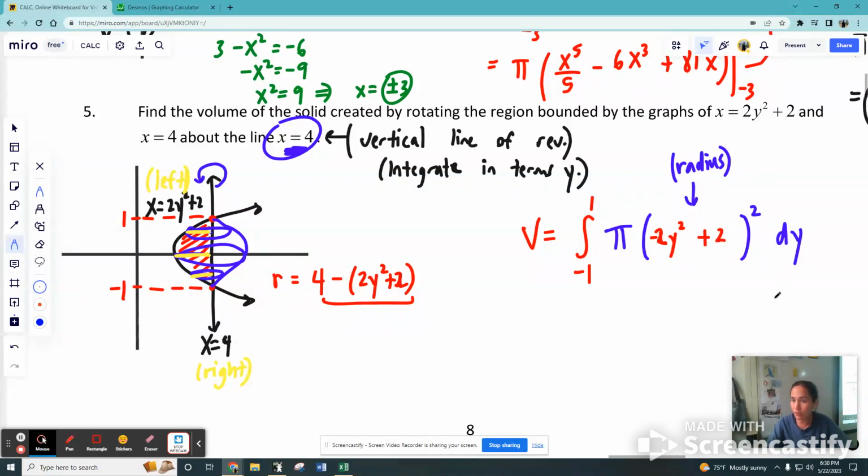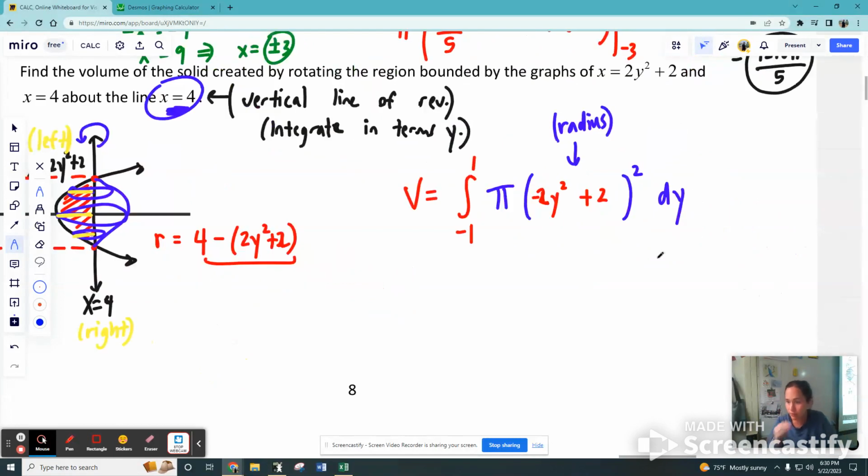And from here on out, we've got a little bit of algebra to do, a little bit of simplifying with the squaring, and then we want to integrate to find this volume. So it was convenient last time to push the pi outside of the integral sign, and then we want to slowly and carefully FOIL through so we see what terms we have in this trinomial. So this will be square the first term, so square negative 2y squared, so we'll make it 4y to the fourth.